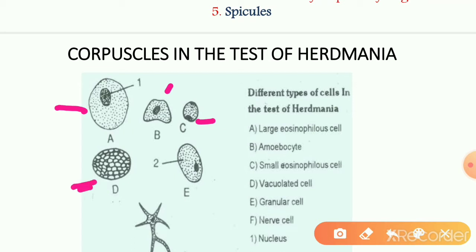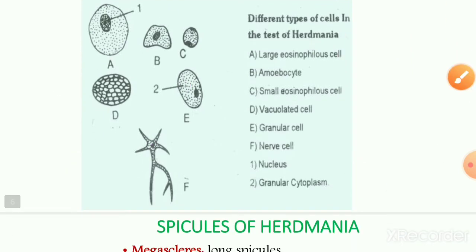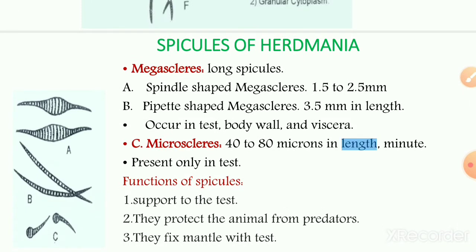These are vacuolated cells, with vacuoles inside them. And these are granular cells, with small granules present in them. And the nerve cell has a nucleus and granular cytoplasm.